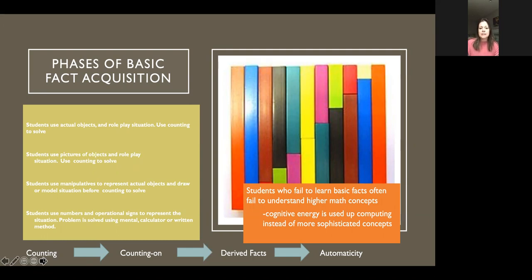And this actually does happen in a bit of a continuum. There's actually a couple different little continuums that happen when kids are developing their basic facts. I did a bit of research on this because, like I say, in my district I had a lot of teachers asking about this.